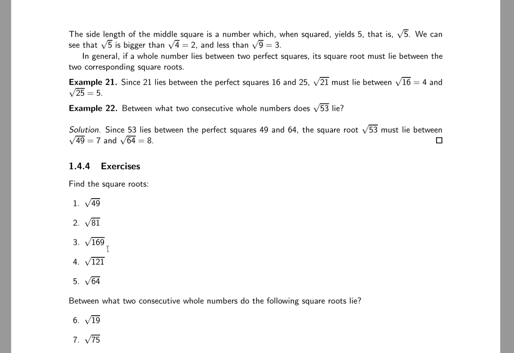But if you try 13, then 13 times 13 is 169. So the square root of 169 is 13. These are easy on the calculator. You can check your answers on the calculator, but we're trying to do these by hand for now.